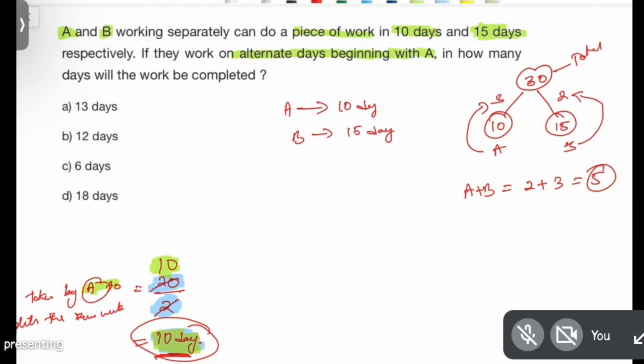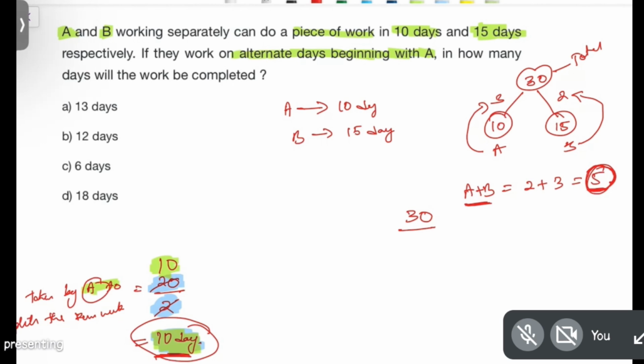Actually this question is easy, but there will be some questions where this matters. I'll teach you that one as well. If A and B work together, they are doing 5 pieces of work in a day. So the total of 30 works is to be done if A and B work together.